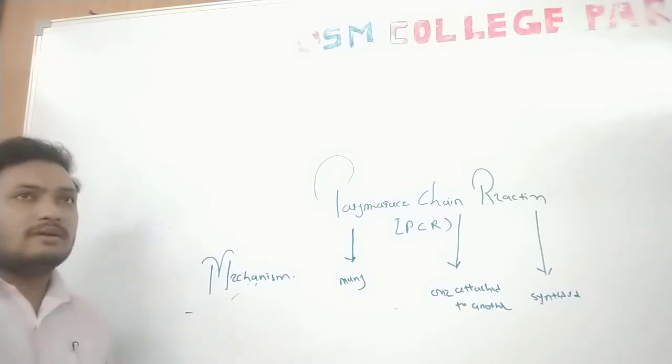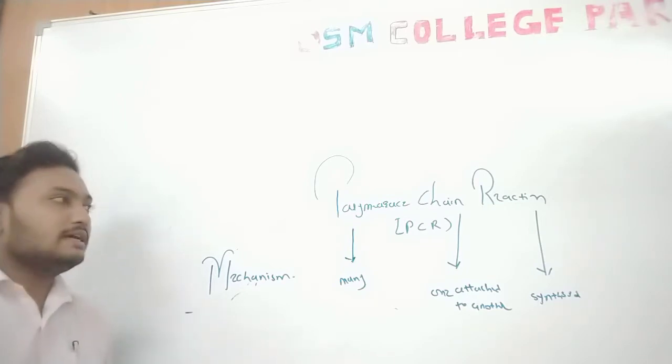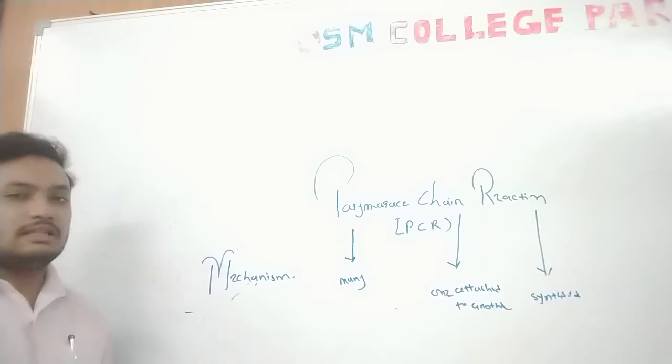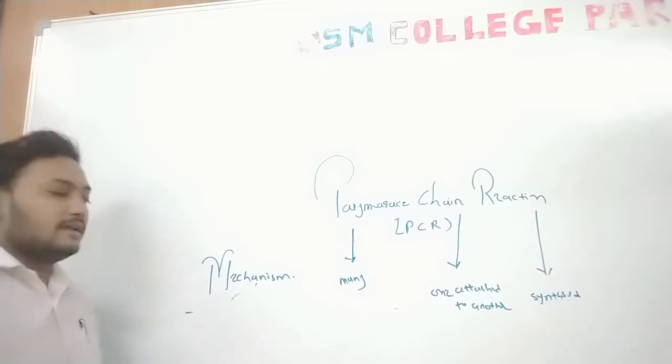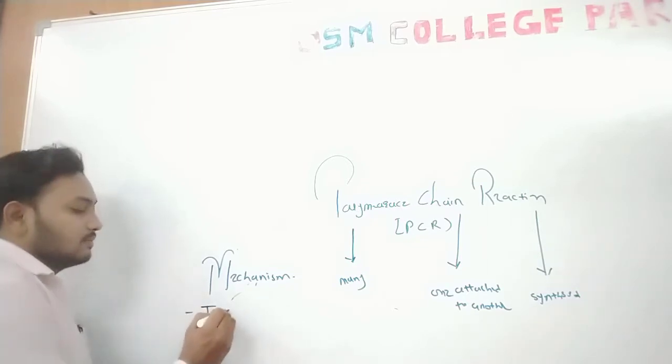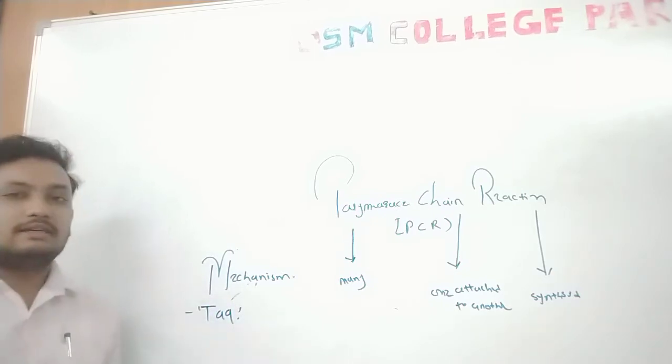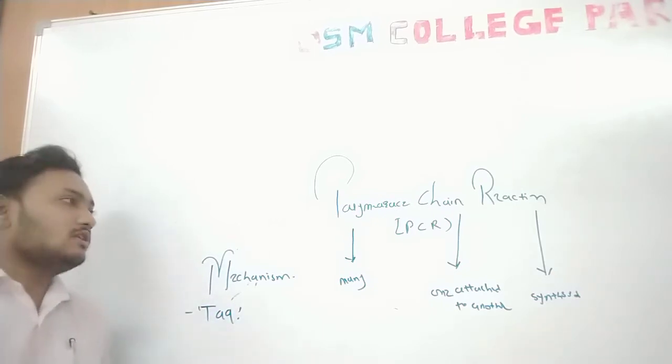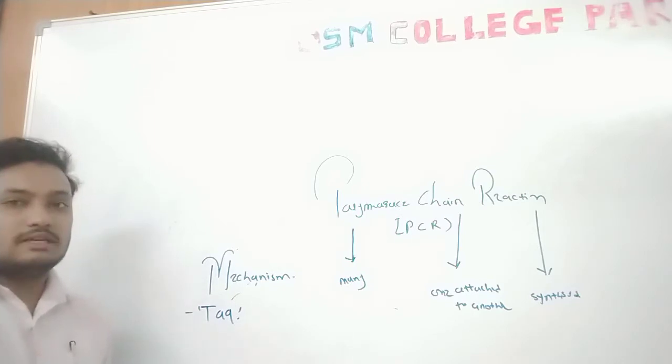Normally these are polymerase first, polymerase second, alpha, delta, beta. But in the polymerase chain reaction, the important polymerase is Taq polymerase. Taq polymerase is used in the polymerase chain reaction for synthesizing nucleotides on the template strand.